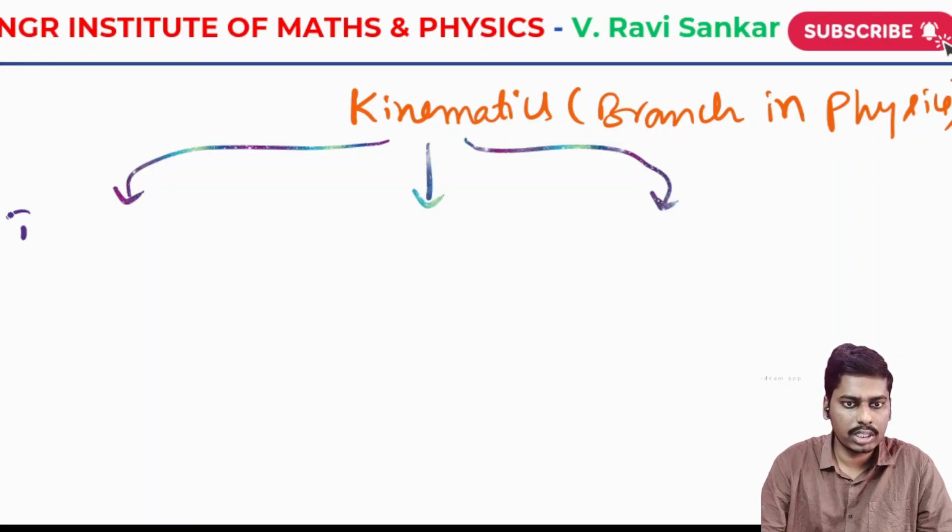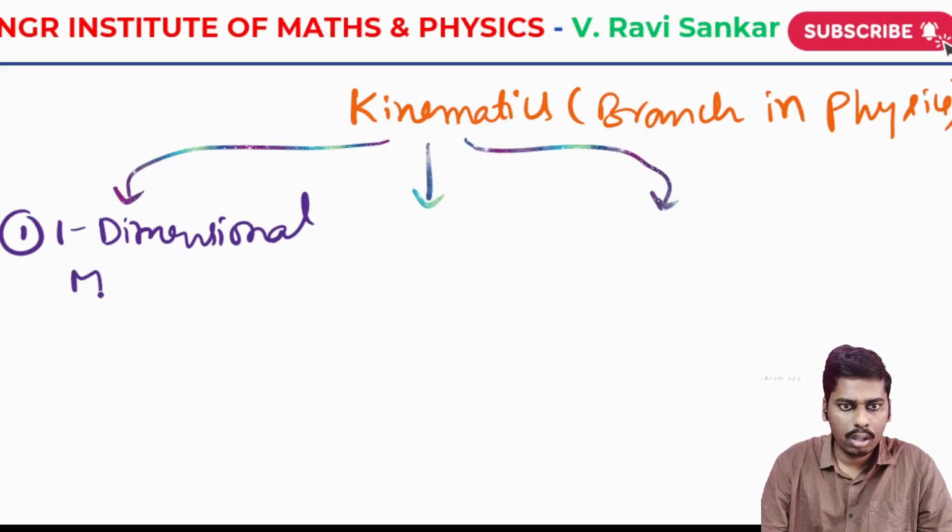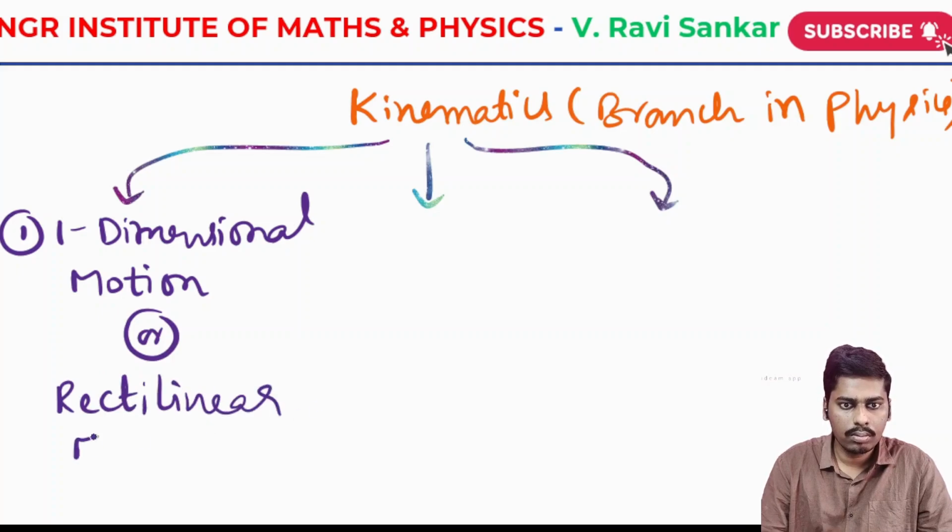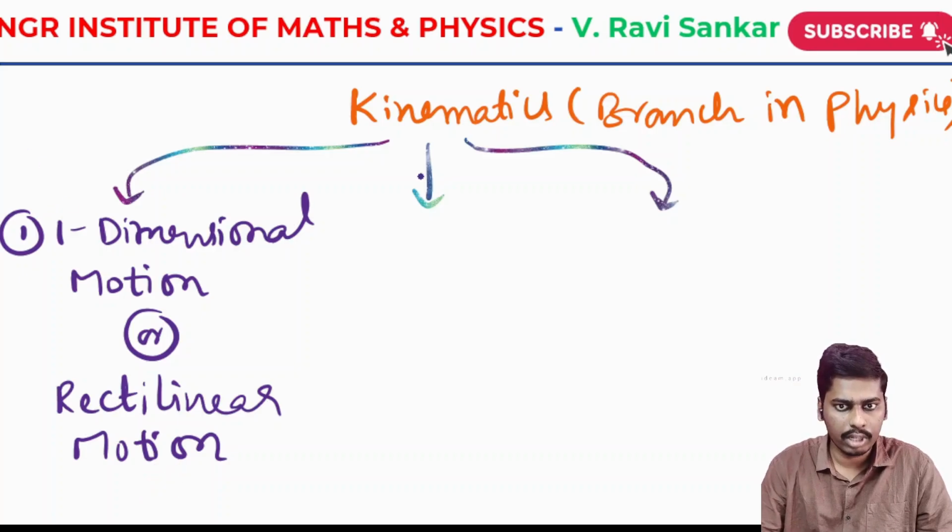First chapter is one dimensional motion, or it is also known as rectilinear motion, or it is also known as, okay, let me tell the other name further.